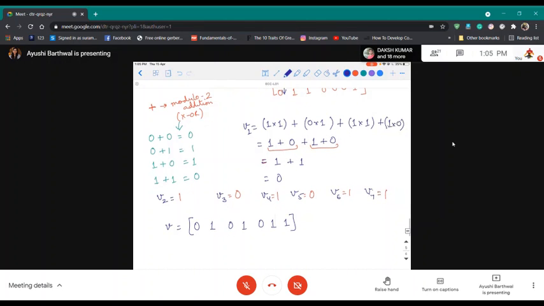So you can see in this valid code word that the last 4 bits are actually denoting your information signal, and the first 3 bits are the extra bits which you call check bits, or redundant bits, or you call them parity bits.